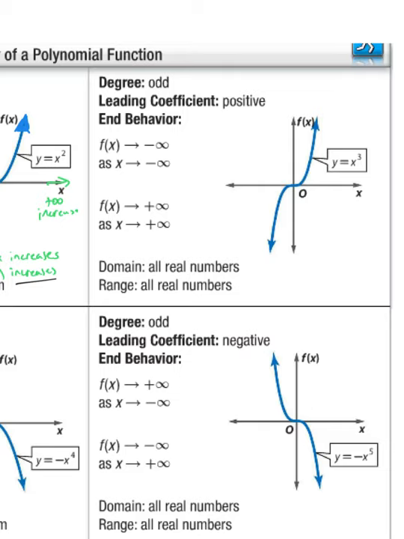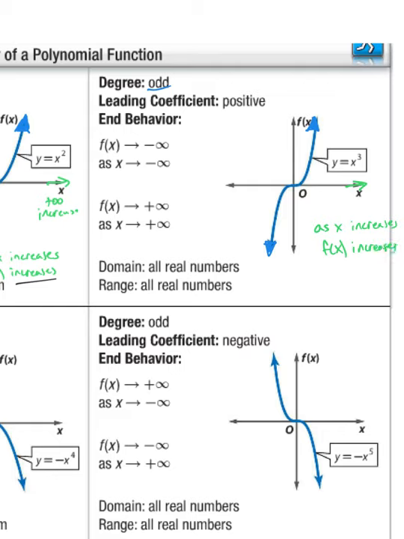All right, so let's look at this function here. Clearly the ends of the function, one's going up, one's going down. So they're opposites. So this must be odd degree, opposite end behavior. But let's write out the end behavior. We're going to look at this right half. That's our as x increases. What's the function doing? The blue arrow is going up. So the function is increasing.